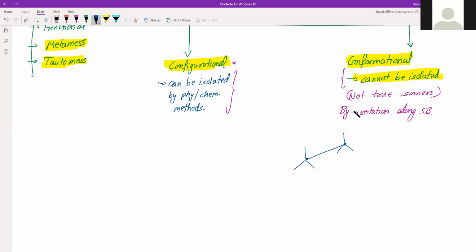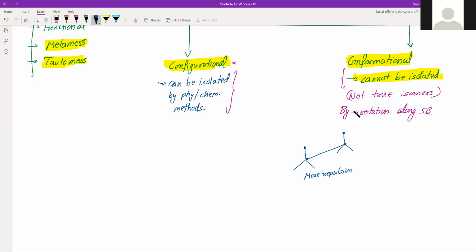These 3 bonds can be like this. This is one configuration. As you can see, whatever group is here, the same group is here, so there will be a repulsion here. If it is like this, it has more repulsion. This is one of the orientations.